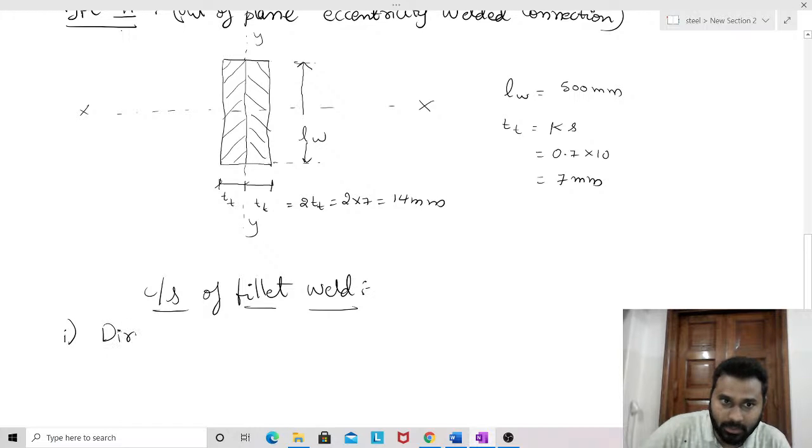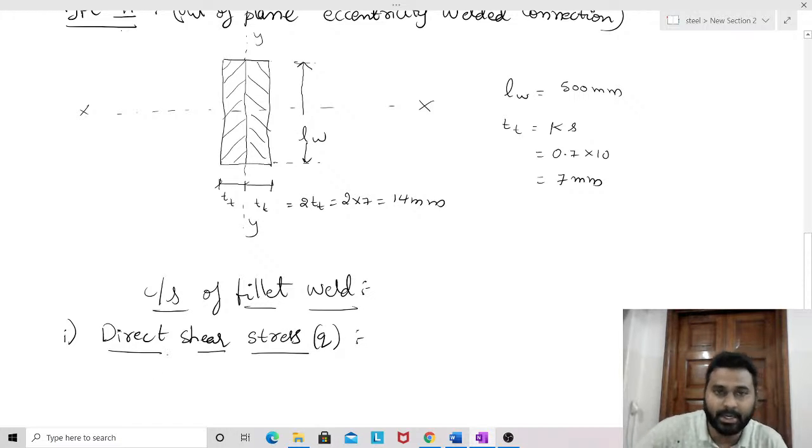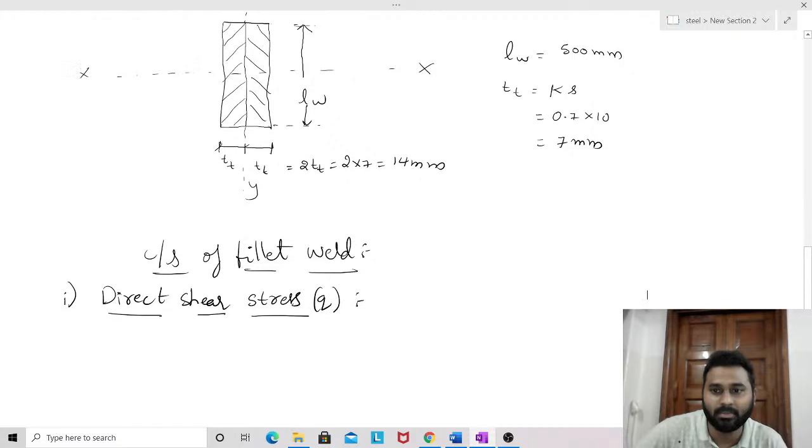As I said, everything was discussed in our recorded sessions. Here I am briefly revising that. Direct shear stress, which we represent with Q. To get the direct shear stress, the formula is force applied on the weld by the area of the weld.